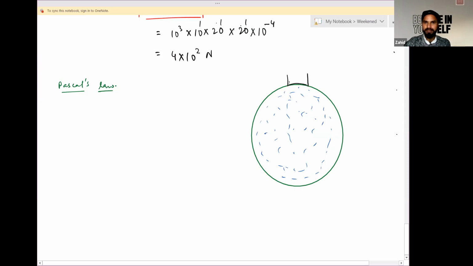Let's say there is a piston at this point, another at this point, at this point, or at this point.